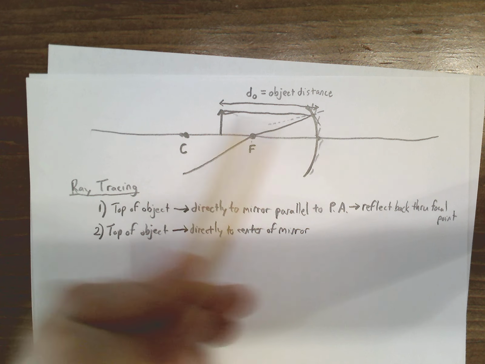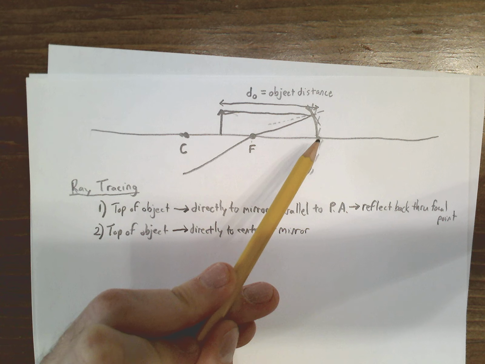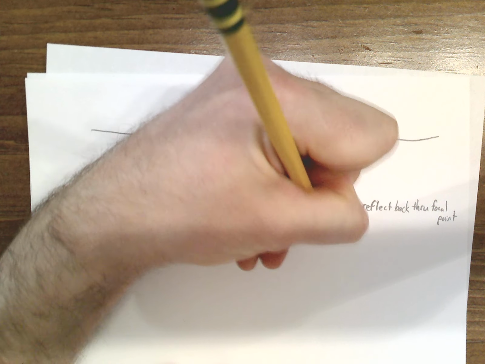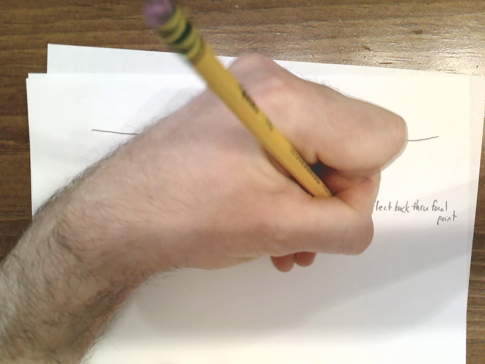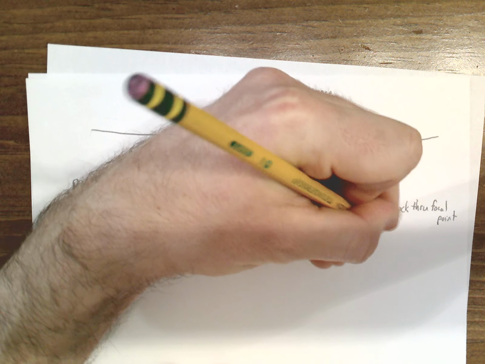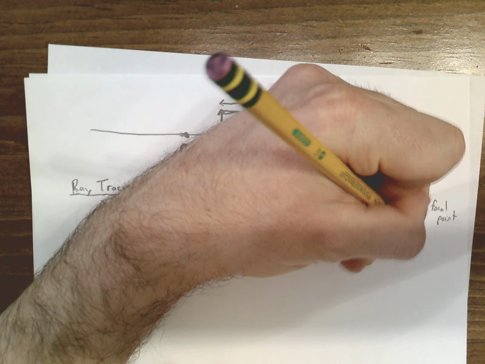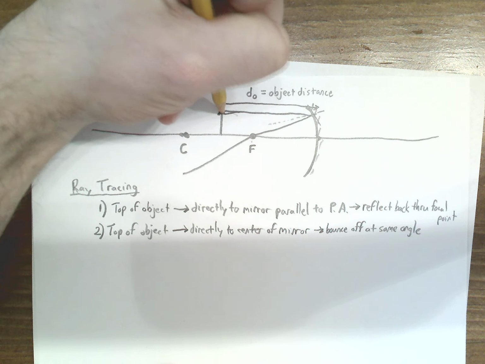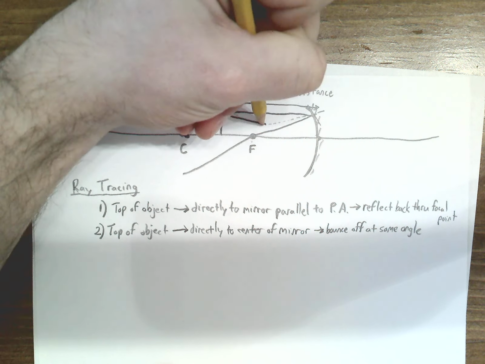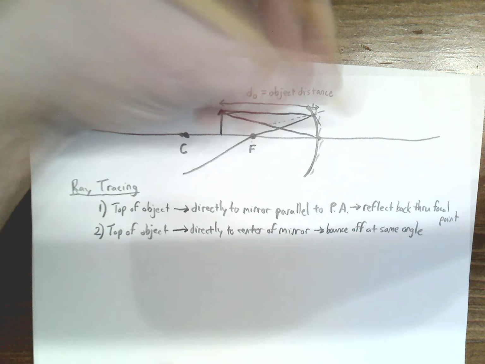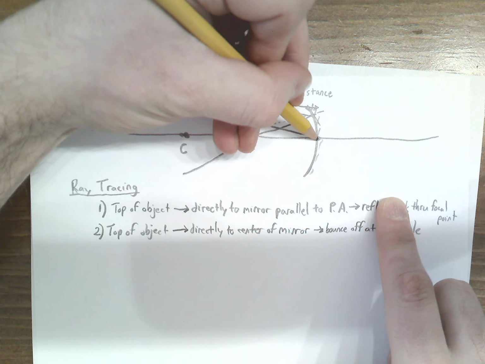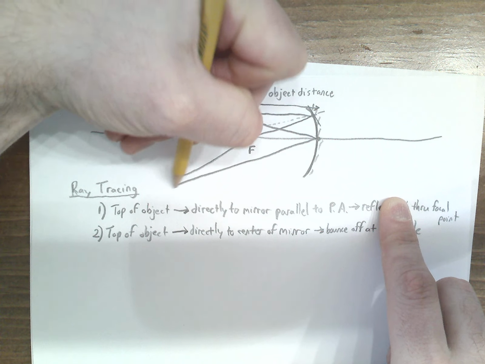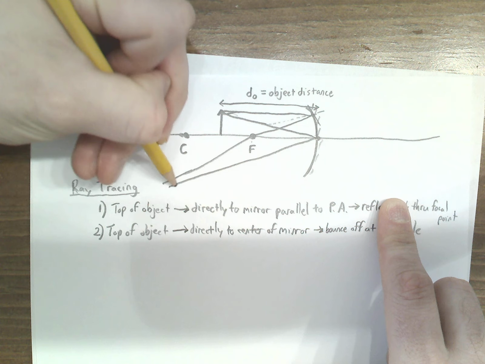So if we come in at some angle to that, we should bounce off at the exact same angle. So we're going to come in carefully at the center of the mirror. We're going to reflect off of that mirror at the same angle, and we trace that ray all the way back.